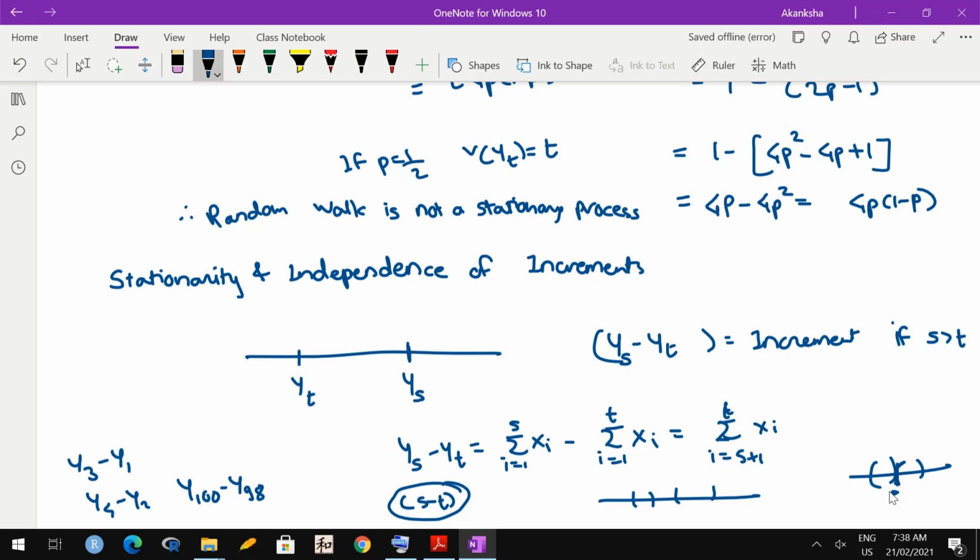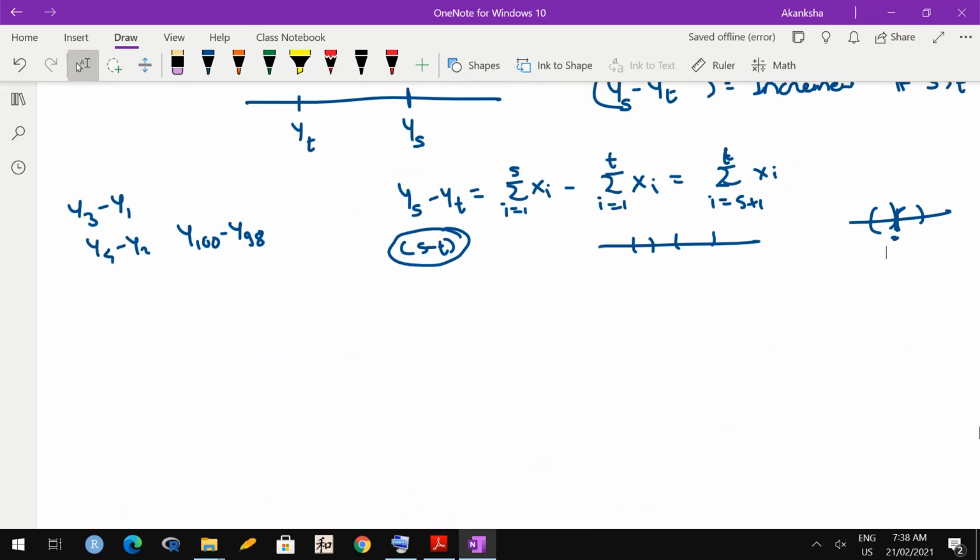Whenever you have non-overlapping increments, the xi's involved in both would be completely different, and since the xi's are independent, the increments have independent distribution. We have seen in probability theory that continuous functions of independent random variables are independent, or Borel functions to be more precise. Hence the random walk has stationary and independent increments.